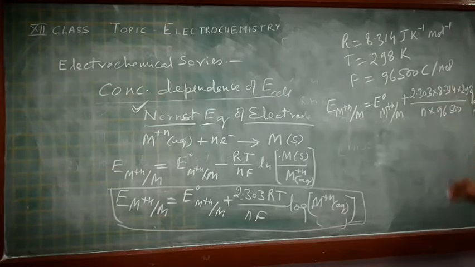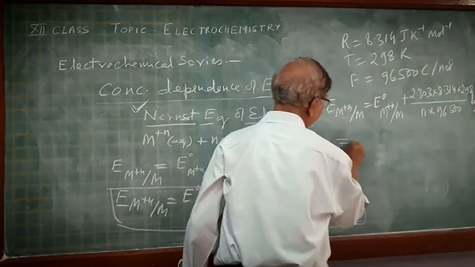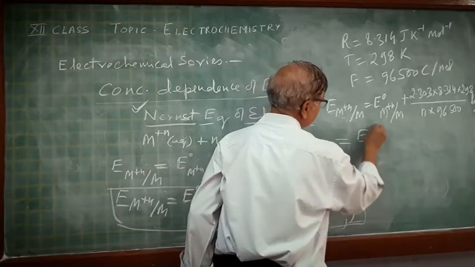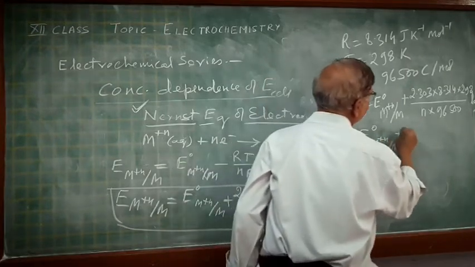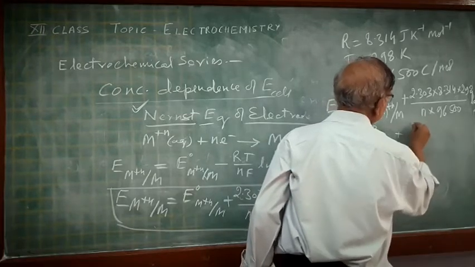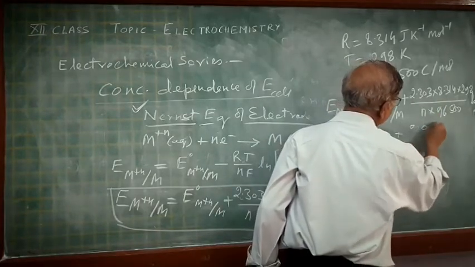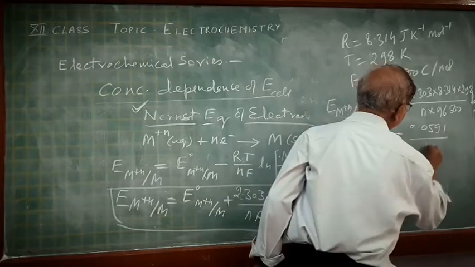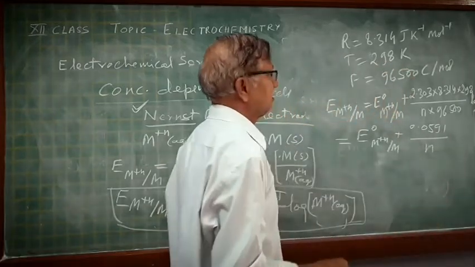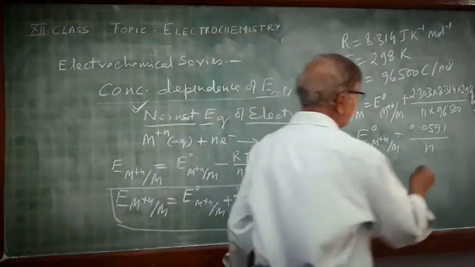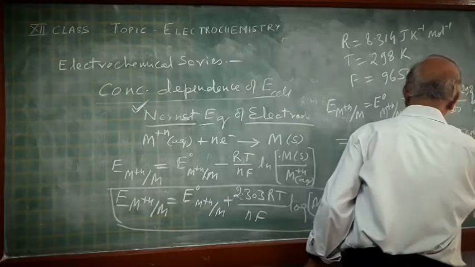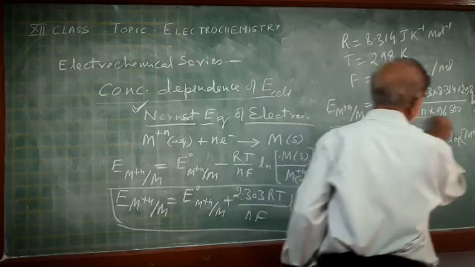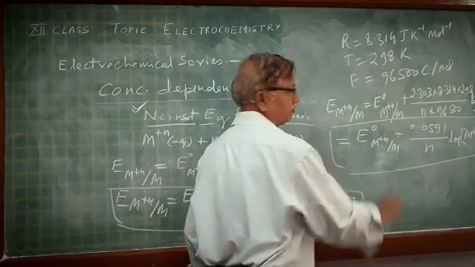If you calculate all these values, this value becomes 0.0591 upon n log of M ion concentration. So this is the simplest form of the Nernst equation for an electrode.